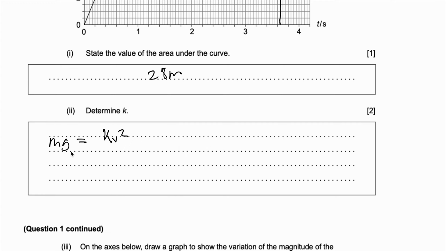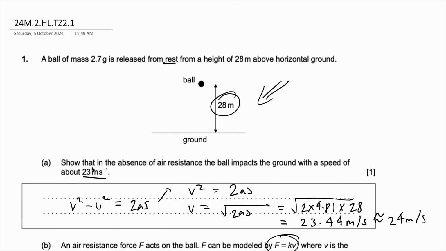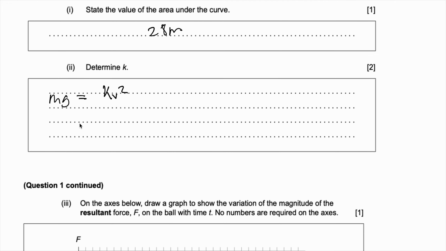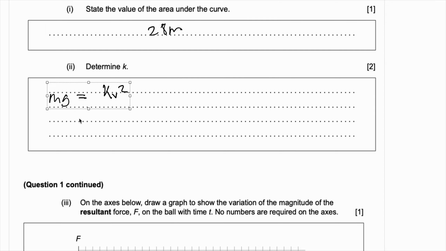So what's the weight of the ball? The mass of the ball was given to be 2.7 grams, so that's 2.7 divided by 1000 because we want it in kilograms. That's 0.0027 times gravity, the acceleration due to gravity, which is 9.81, all over the velocity squared.